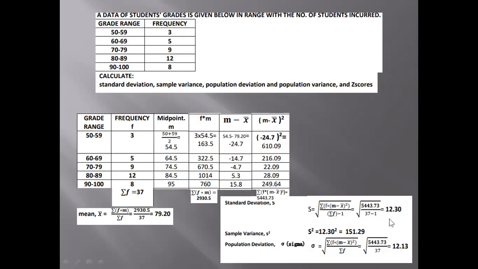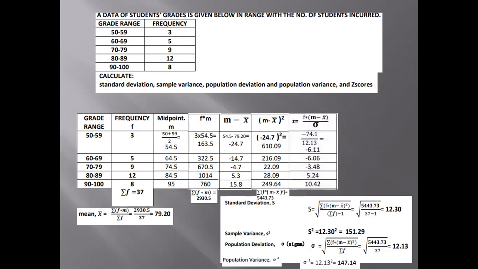For sample variance, you're just going to square 12.3, which gives us 151.29. For the population deviation, sigma is equal to the square root of 5,443.73 all over 37, which is 12.13. To determine the population variance, you're going to square 12.13, which is equal to 147.14.